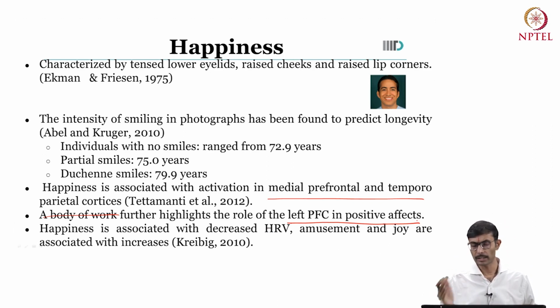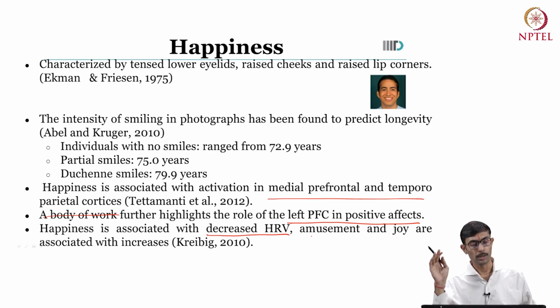If you look at other physiological signals, happiness is associated with decreased heart rate variability, whereas amusement and joy are associated with increased heart rate variability.